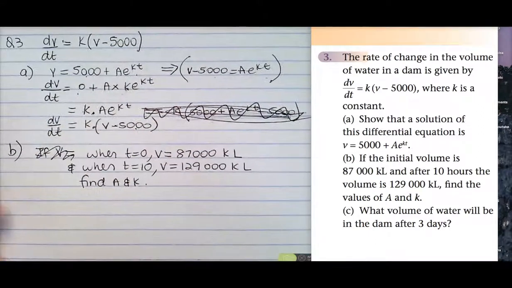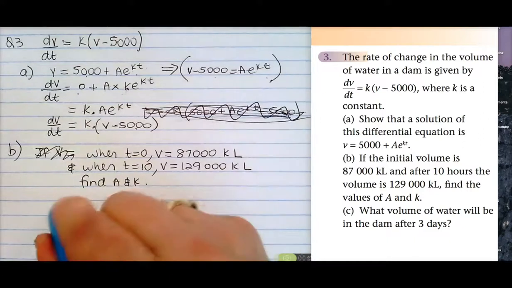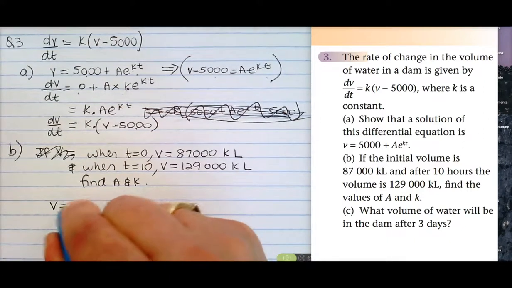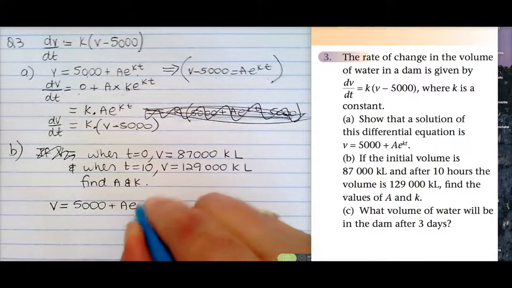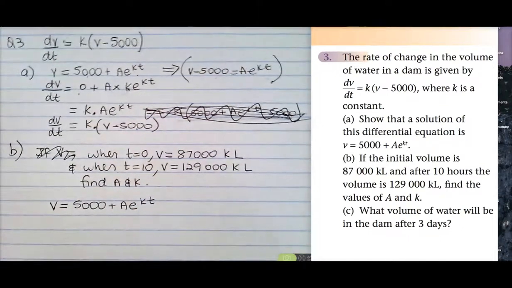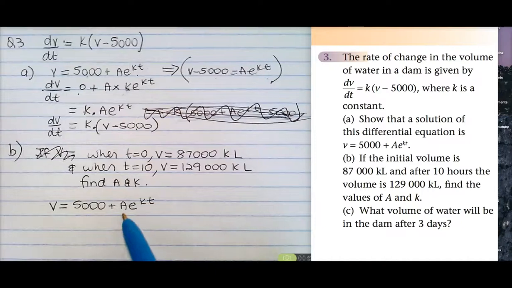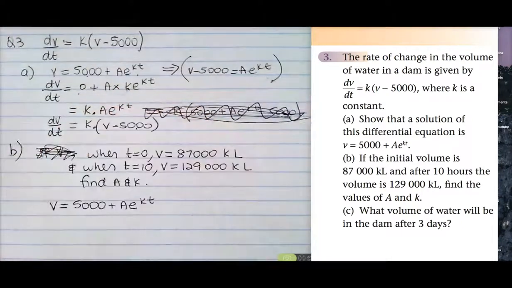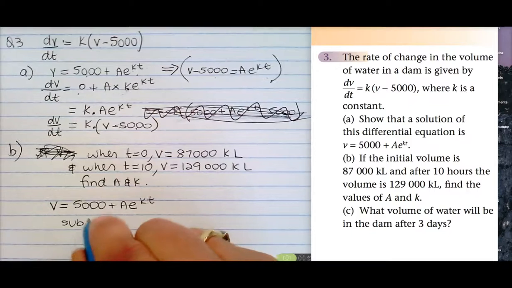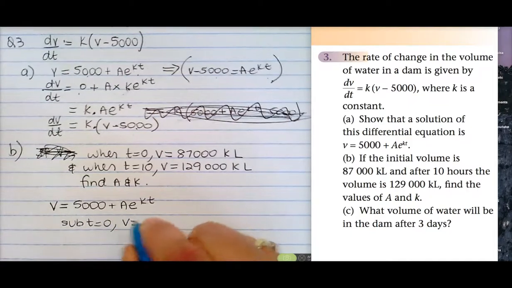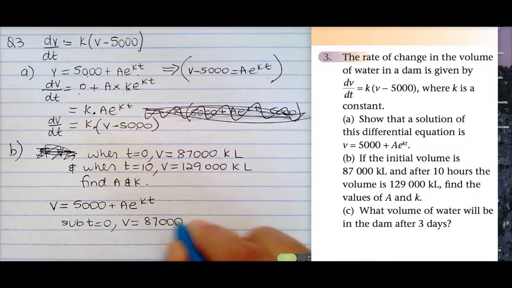Now we use this equation: V equals 5,000 plus AE to the KT. That's our equation, and we're trying to work out what A is and what K is. So what do you think we should do first when T is 0 or 10? Let's sub T is 0, V is 87,000.